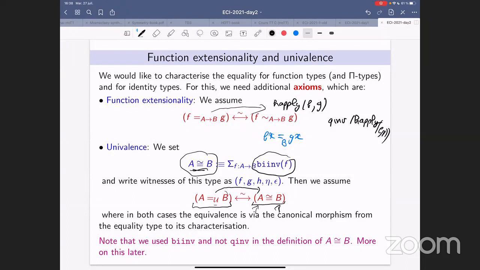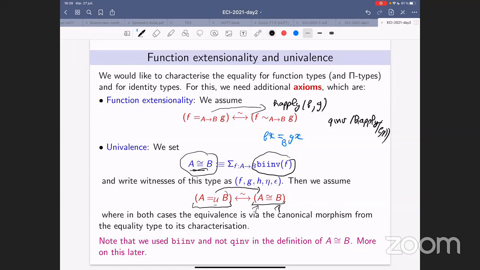I will illustrate this later with an example. But this is one of the examples of application of univalence, namely that it helps to carry additional structure from one type to an isomorphic type. I mean, the isomorphism relates the types, but not the additional structure.